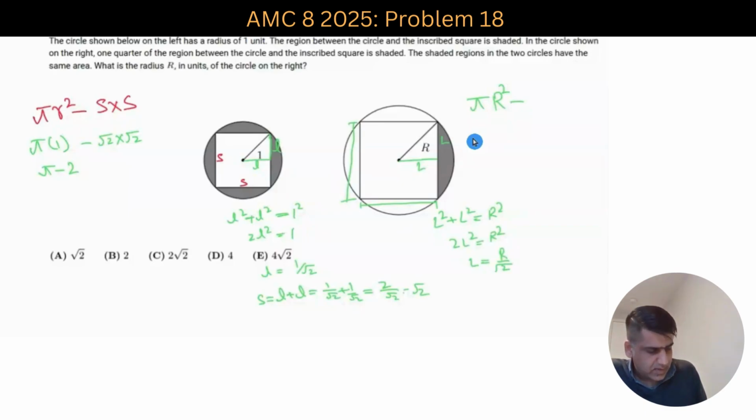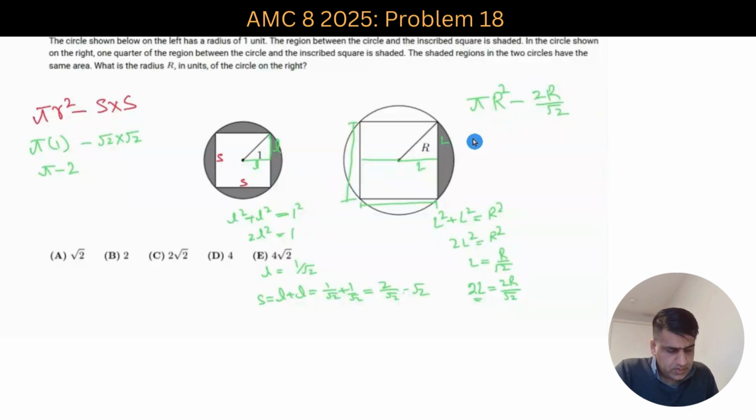And if I add, I will then get 2L, that will be equal to 2R over square root of 2. So that 2L actually represents this whole length of the edge.